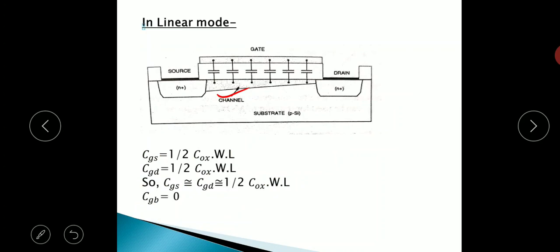Means capacitance between gate and body is 0. As we discussed, CGS and CGD are both gate to channel capacitance, but this capacitance is shared equally between the source and drain. Hence CGS nearly equal to CGD nearly equal to 1 by 2 Cox W into L.